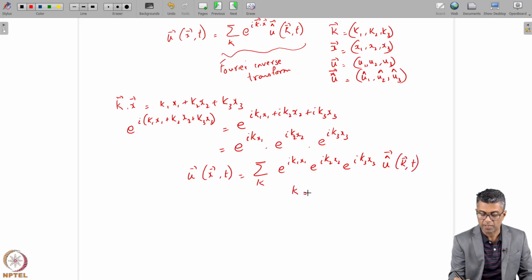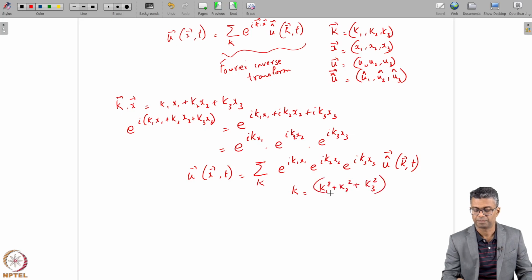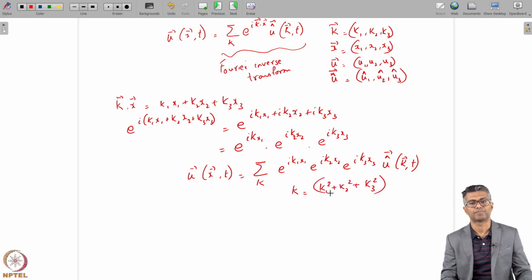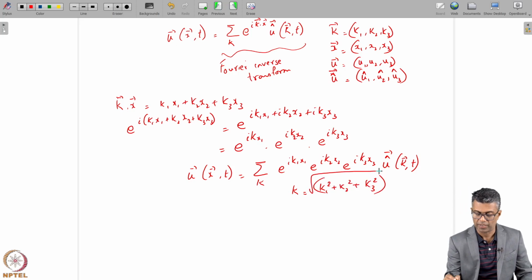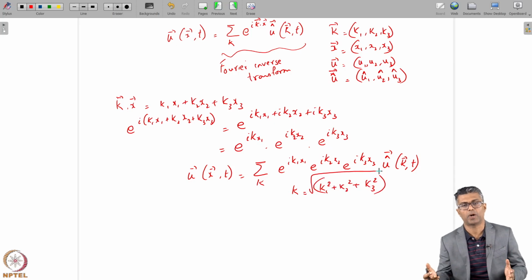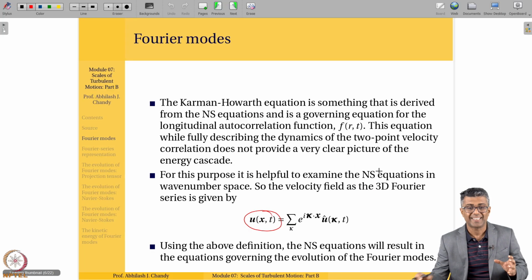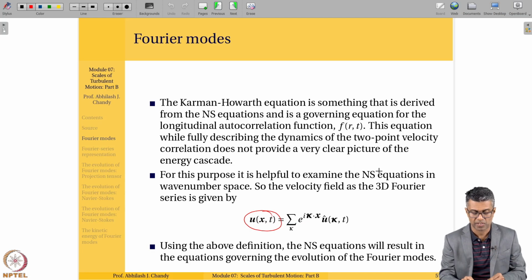Remember, kappa itself is the wave number magnitude, the square root of k1 squared plus k2 squared plus k3 squared, or kappa squared is k1 squared plus k2 squared plus k3 squared. So that's how much information is contained in there.